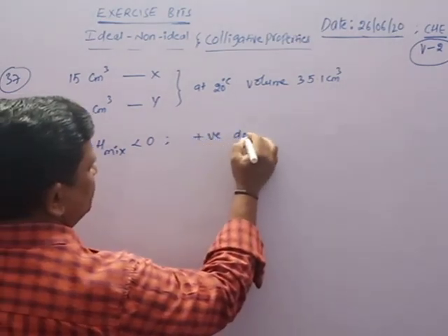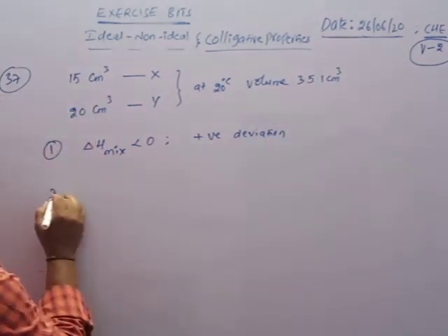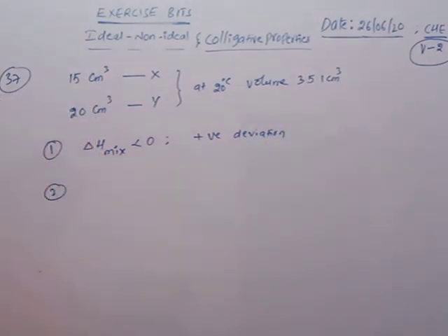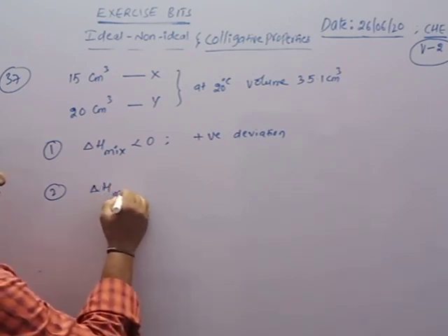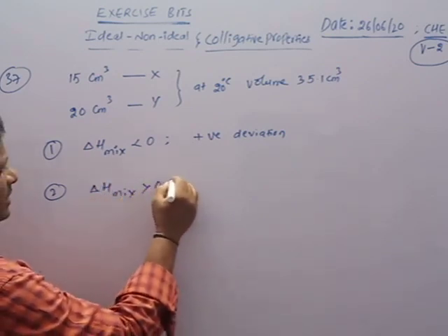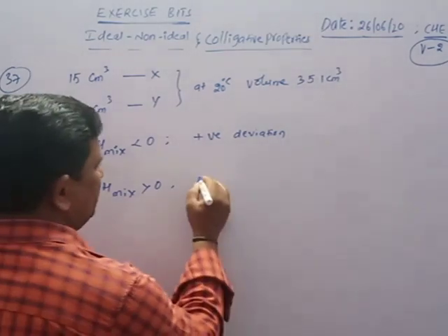The second option is delta H mixture is greater than 0 and the solution shows positive deviation.